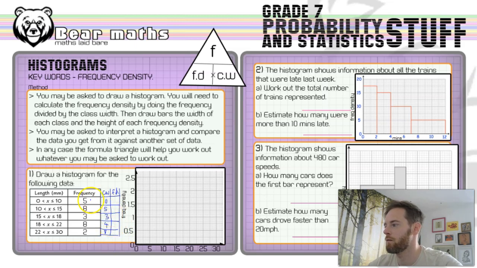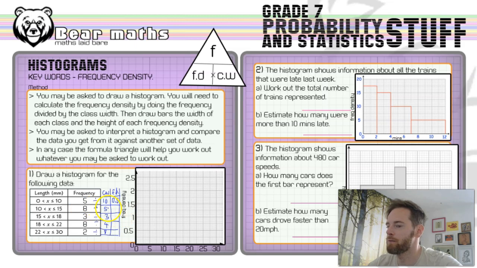So what we do is the frequency divided by the class width. Okay, so we can just divide these numbers by these. 5 divided by 10, and now 5 divided by 10 is going to be a half. So 5 over 10, 1 over 2, 0.5.